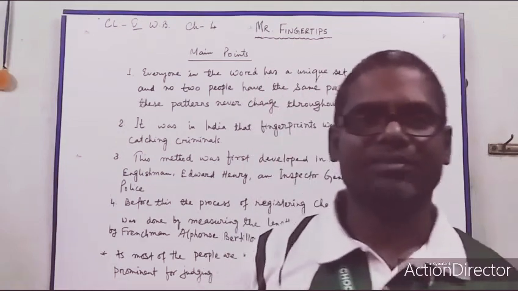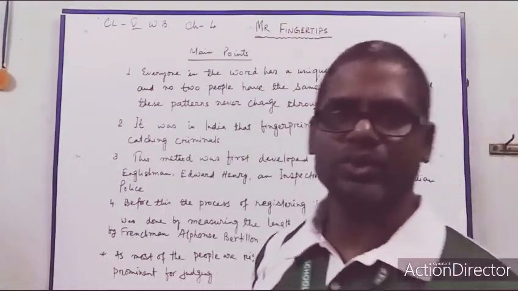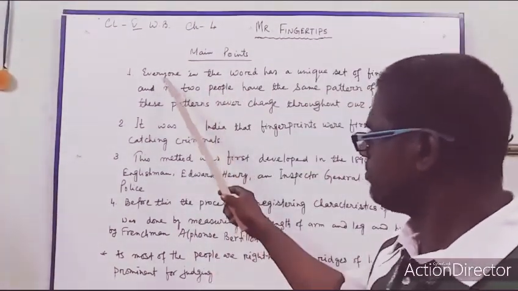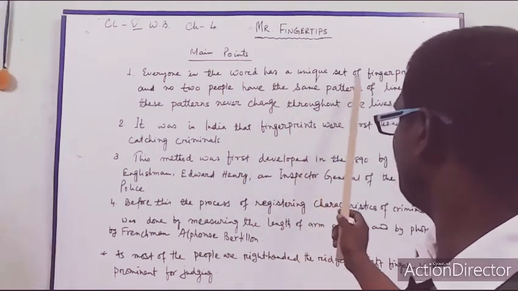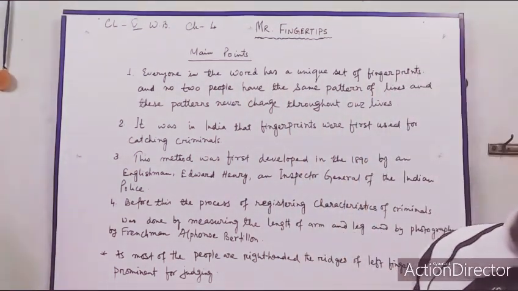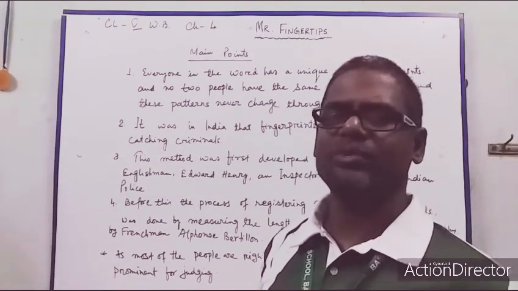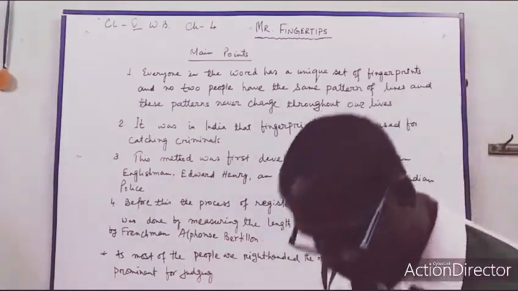I have written some main points from this chapter. Just go through the points. Everyone in the world has a unique set of fingerprints. So everybody in the world, whoever may be, has a unique set of fingerprints. Okay.